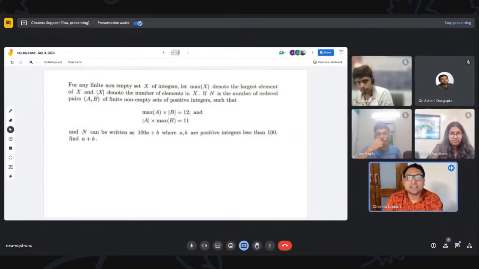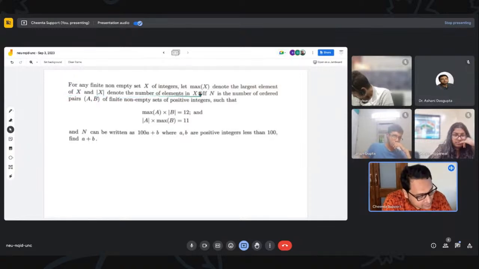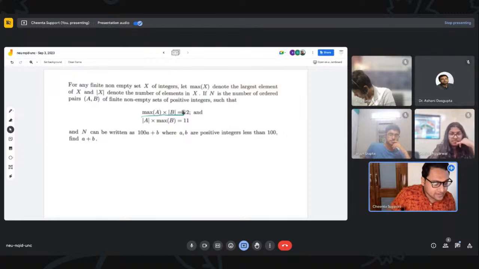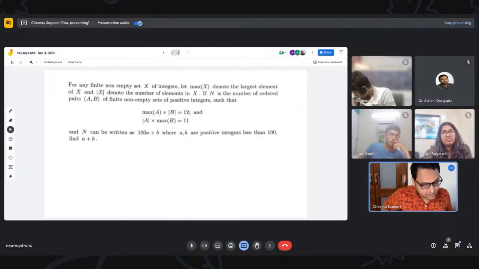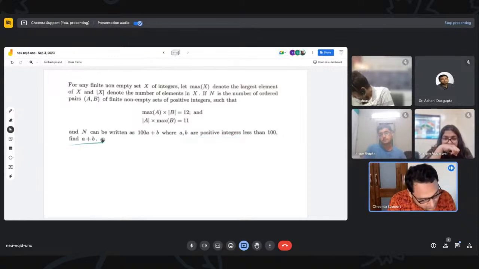It says that for any finite set X of integers, let max X denote the largest element of X and mod X denote the number of elements in X. If n is the number of ordered pairs A and B of finite non-empty sets of positive integers such that max A times mod B is 12 and mod A times max B is 11, then n can be written as 100a plus b, where a and b are positive integers less than 100, and find a plus b. So let's look at this problem.